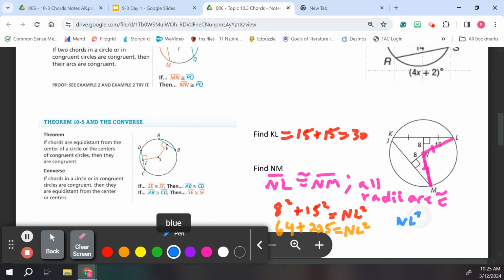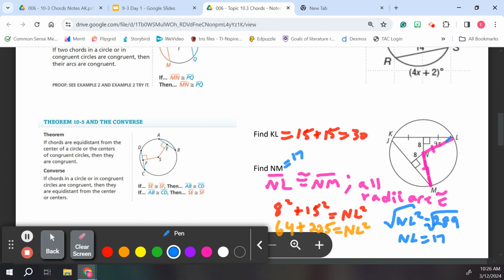So NL squared is going to equal 289. And then I take the square root of each side. So NL is equal to 17. And since they're both equivalent to each other, we know that NM is also 17.